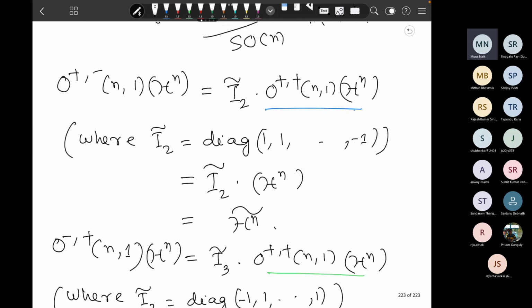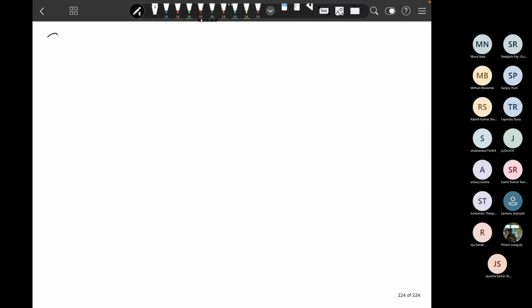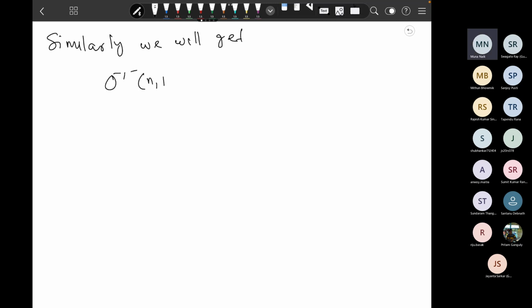Similarly, we will get O^{--}(n,1) acting on H^n is equal to really H^n tilde.